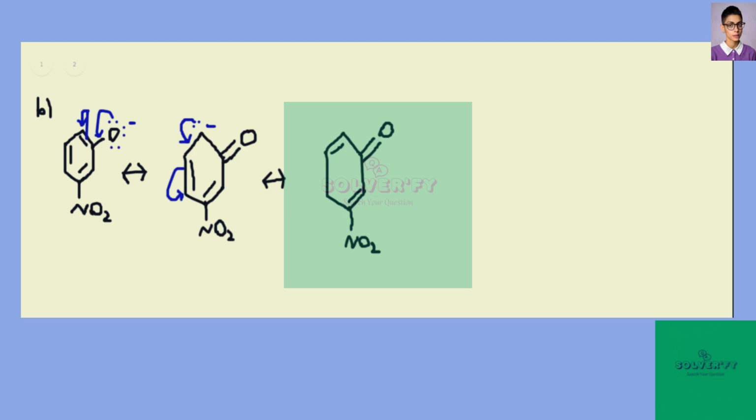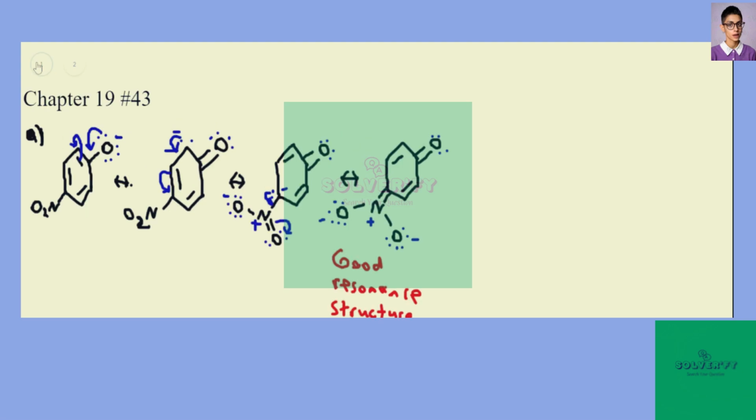Okay, and so now our negative charge and our lone pair are on this carbon. And from part A, which I'll take a look at again real fast, that's the carbon that the nitro group was attached to. And that allowed the electrons to then move down towards the nitro group.